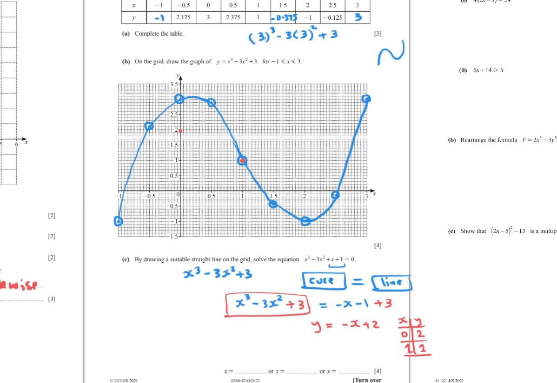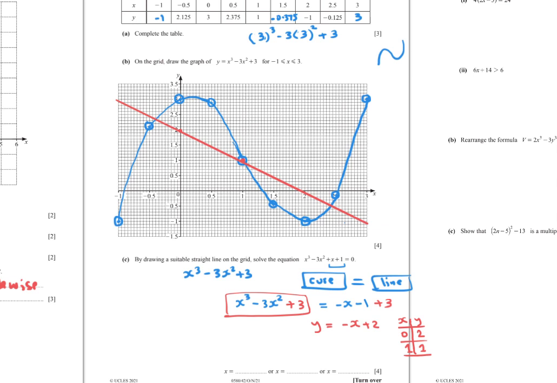You have 3 intersections between the line and the curve, so we have 3 solutions for this equation. For each intersection point, find the x coordinate.